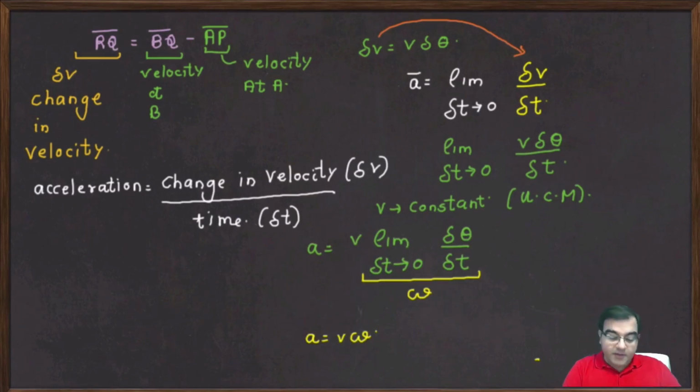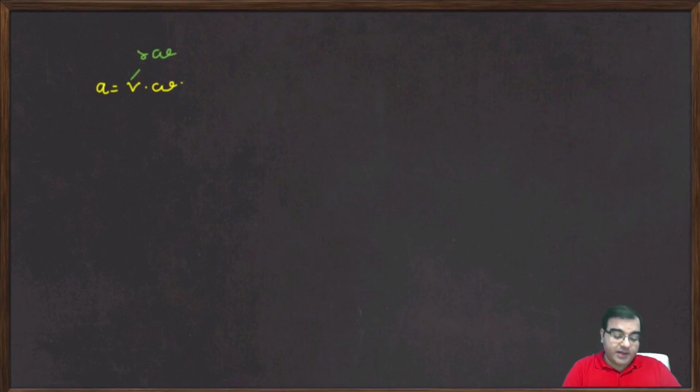So the first formula for centripetal or radial acceleration is A is equal to velocity, or linear velocity, multiplied by angular velocity. So A is equal to v omega. That's your first formula.